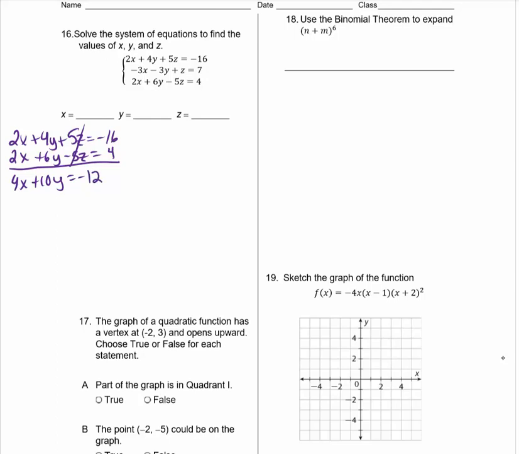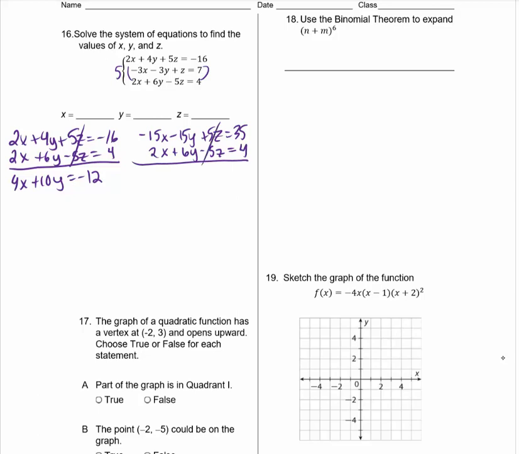Then I'm going to do the middle equation times 5 and then use the third equation. So negative 15x minus 15y plus 5z equals 35. And then 2x plus 6y minus 5z equals 4.